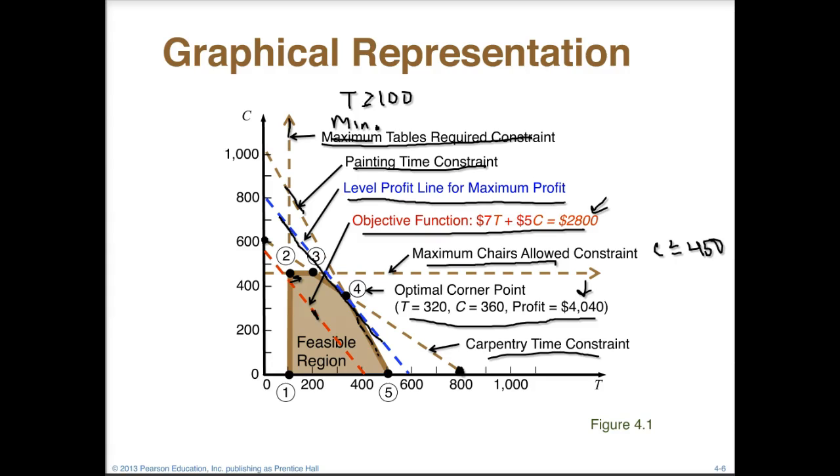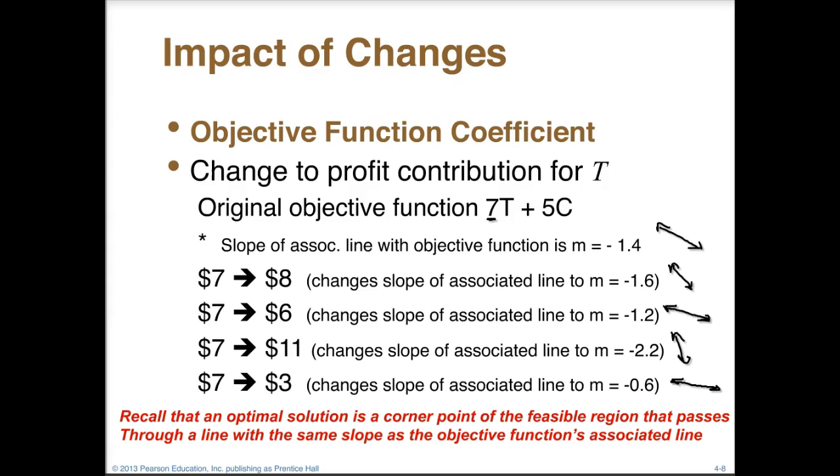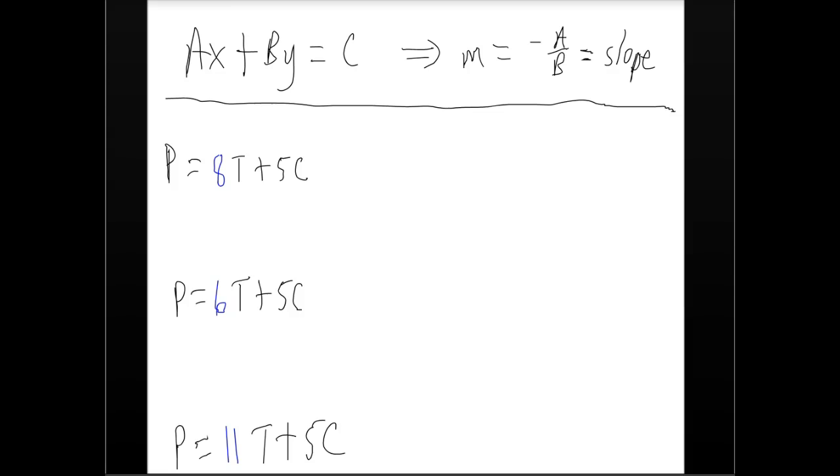And sometimes we'll have instances where it hits multiple corner points, so we need to be mindful of that as well. Here again, if we take a line in standard form, we know this is what the slope is. And you see how, with these different changes to our profit function, everything changes.